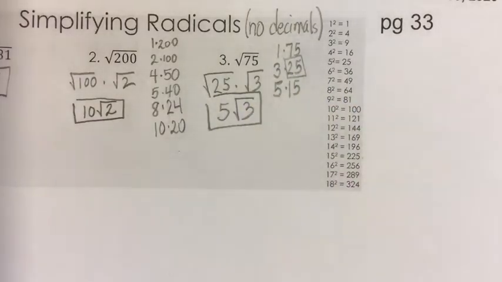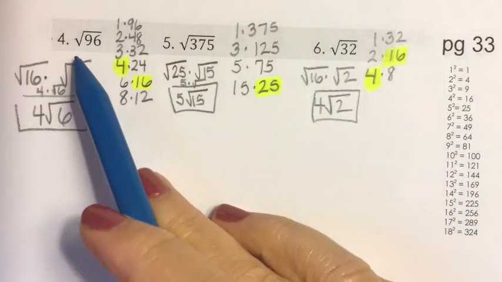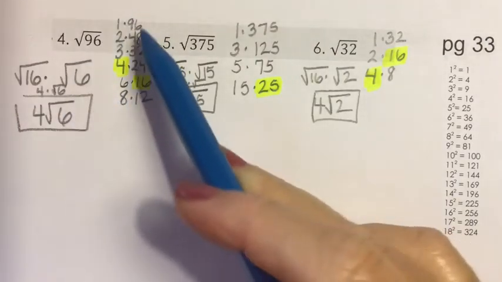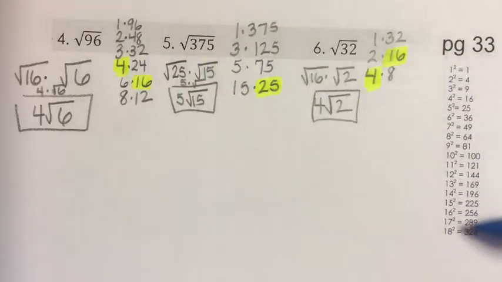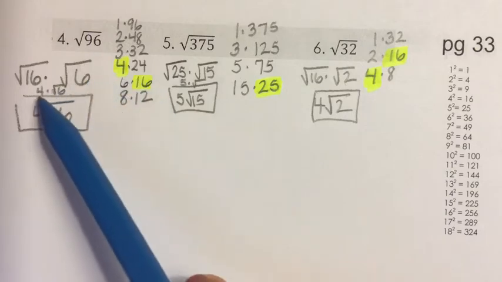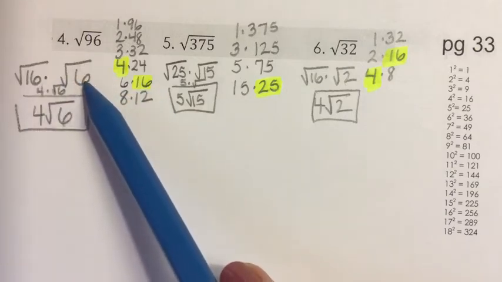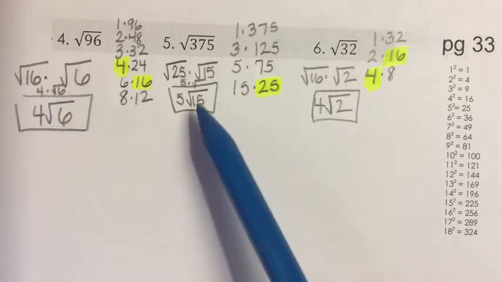I'd like for you to try the next 3 examples. For number 4, I made my list of factors. I highlighted the 2 perfect squares that are in this list over here. The biggest one of those 2 is 16. The square root of 16 times the square root of 6 is 4 times the square root of 6, which is 4 square roots of 6.